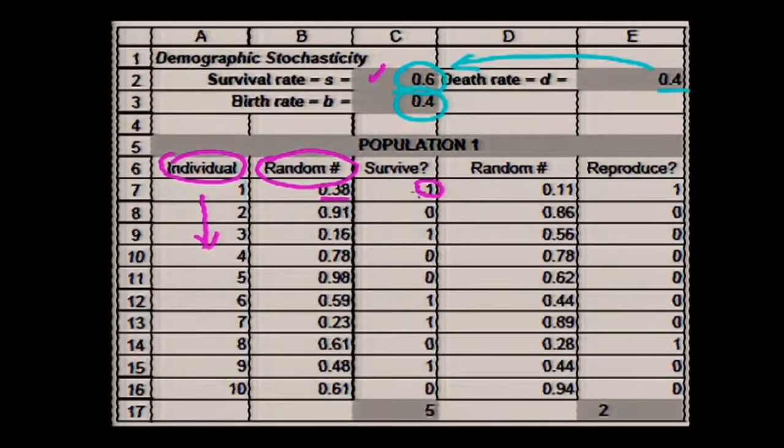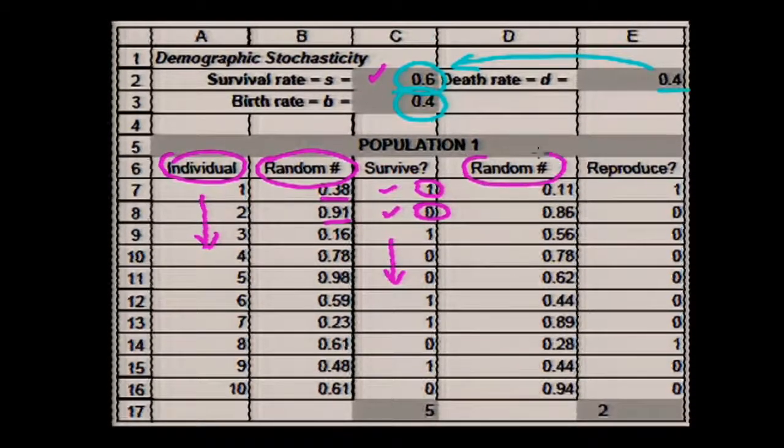So in that case, we have a 1. We've got a survivor. In this next case, individual number 2, we drew a random number that was 0.9. So this individual unfortunately would die, so we would give it a 0 value. It wouldn't survive until the next year. We do that again for all of our individuals in our population.